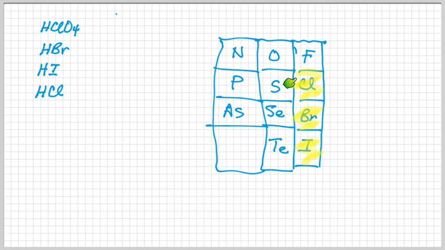So the chlorine is quite electronegative, and it's got 4 oxygens pulling away, and so that makes that bond with the hydrogen very weak. If you had HFO4, which doesn't actually exist, that would not be a strong acid either, because that bond is too strong.